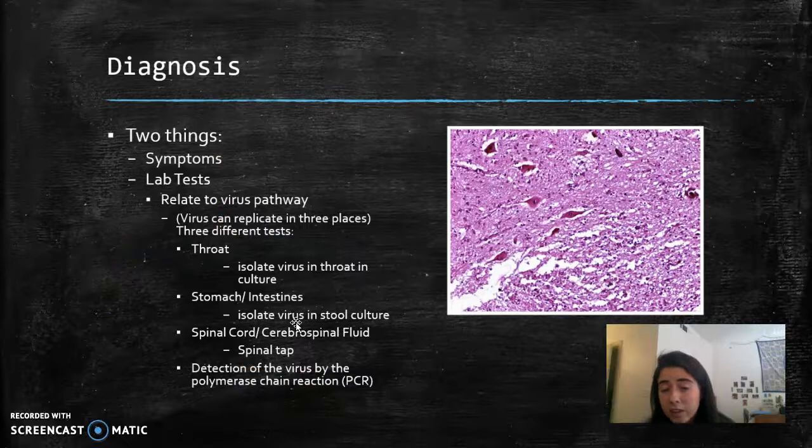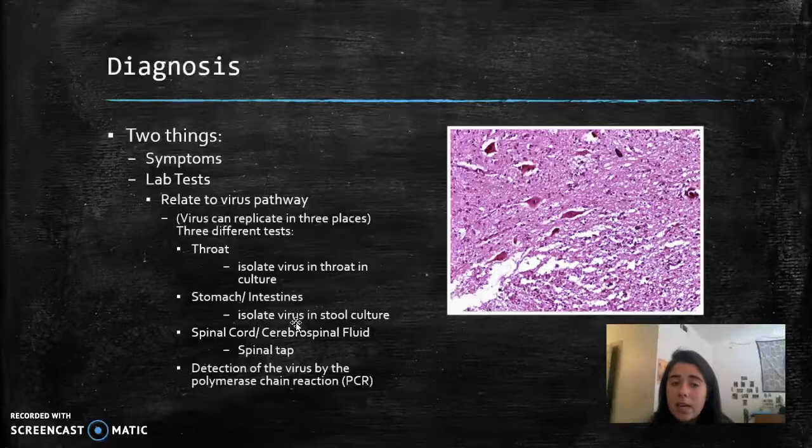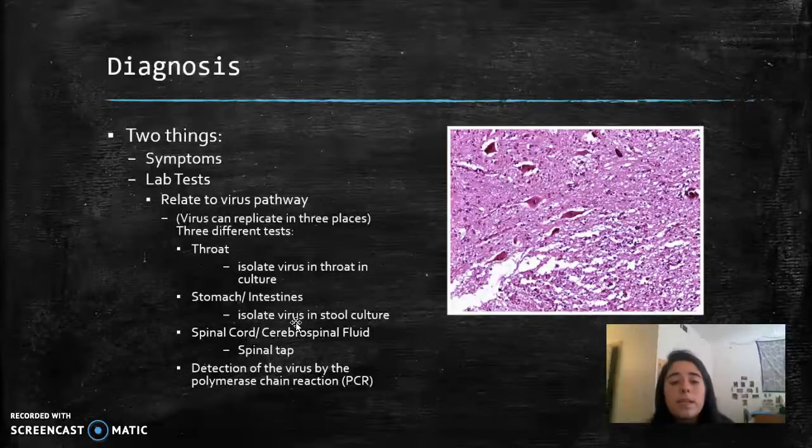Now, the diagnosis of this, obviously your symptoms, but lab tests can confirm if you have the active virus in you. Now, the virus replicates in 3 places, so there are 3 different tests. The throat, which isn't as commonly used, you just swab the throat and culture the virus in a Petri dish.